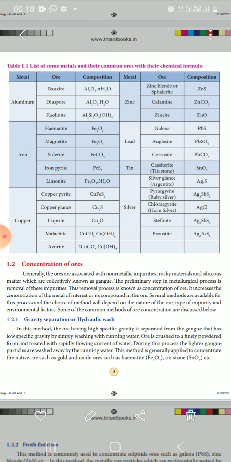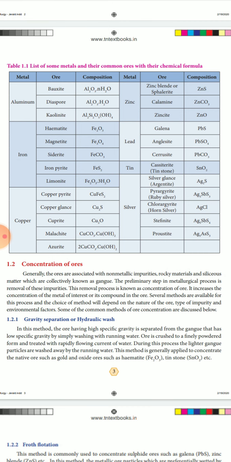First step is gravity separation or hydraulic wash. First we get the ore from under the earth crust. First of all, we pour water and wash the impurities. That is called hydraulic wash or gravity separation.